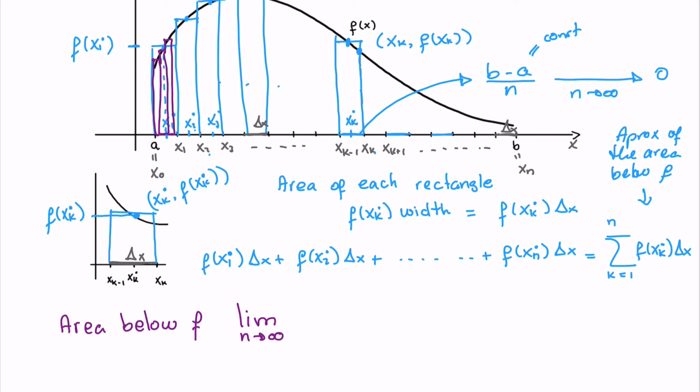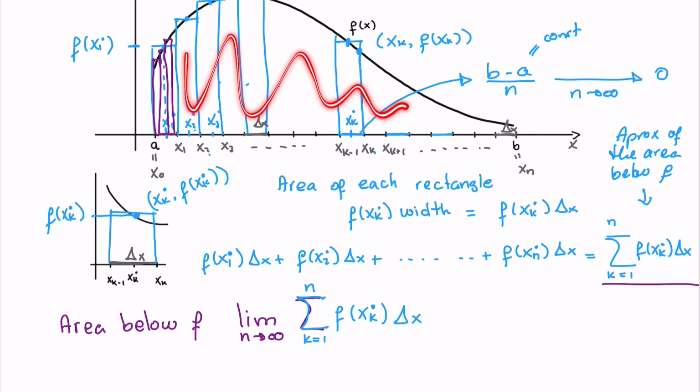So take the limit of the summation from k equals 1 to n of f(xk)·Δx. And that's the Riemann sum. That is the number. This is the exact area below the curve.